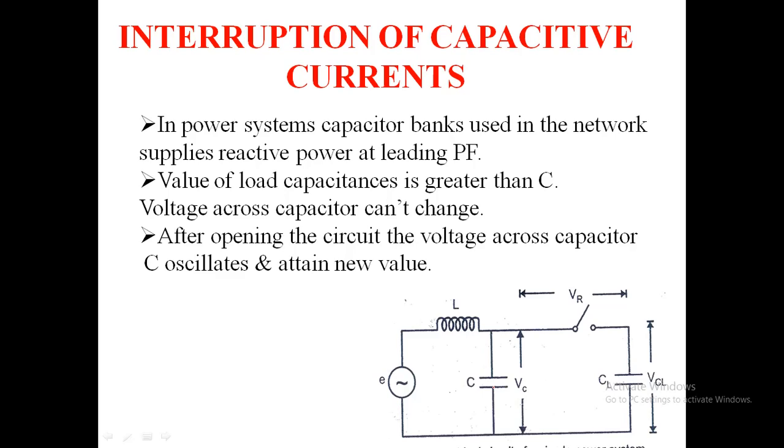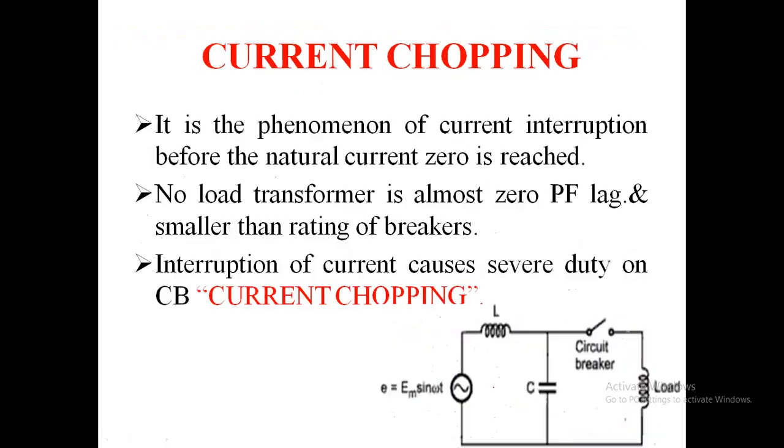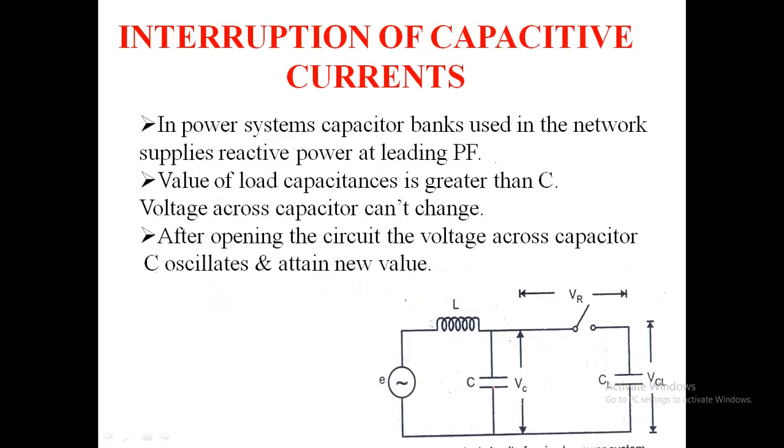From the circuit diagram, the value of the load capacitance, that is CL, will always be greater than the capacitance C. So the voltage across the capacitor cannot be changed again and again.